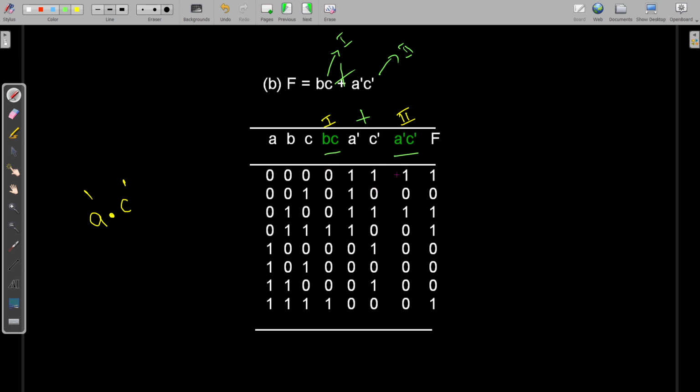So it is 0 plus this 1, so it is 1. 0 plus this 0, so it is 0. This 0 plus 1, so 1. 1 plus 0, so it is 1. 0 plus 0, it is 0. 0 plus 0, it is 0. 0 plus 0, it is 0. 1 plus 0, it is 1. So we got the truth table completely done. Thank you.